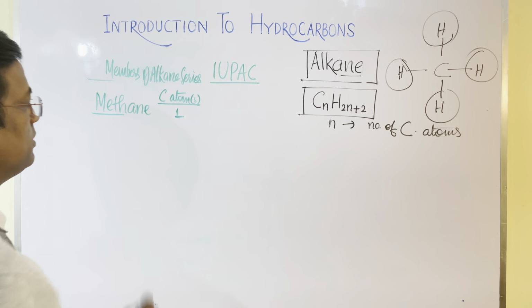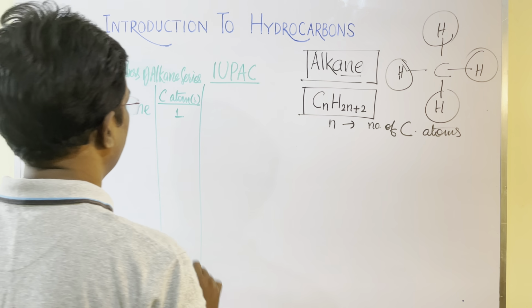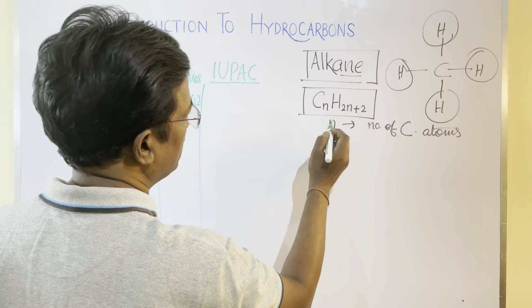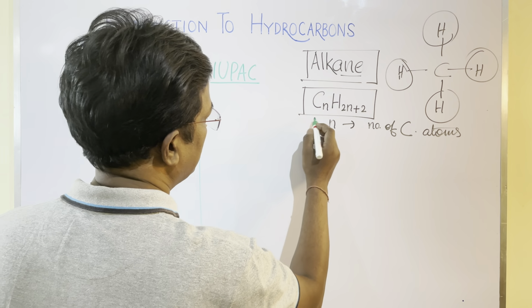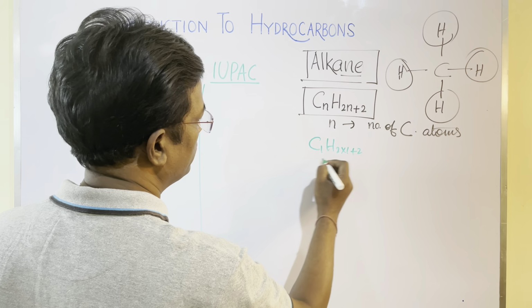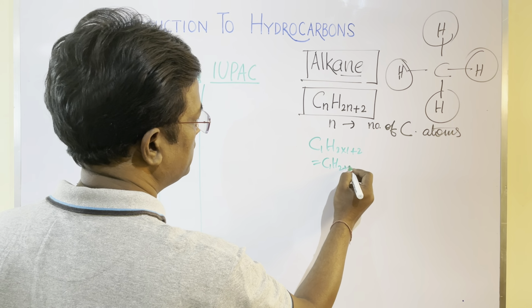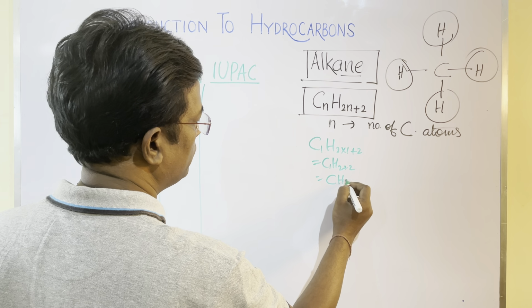MET stands here, it represents 1. Then the general formula becomes, if you put n equals 1, C1H2 into 1 plus 2, C1H2 plus 2, CH4.